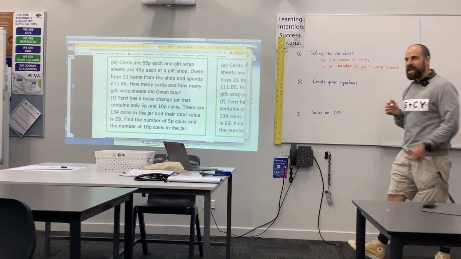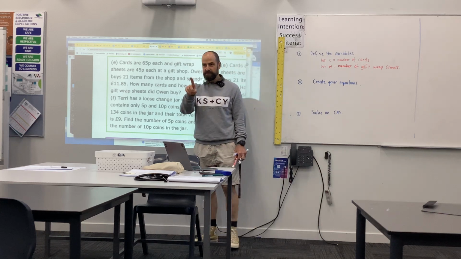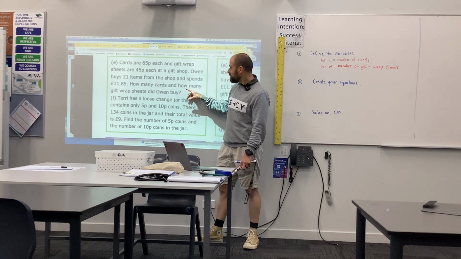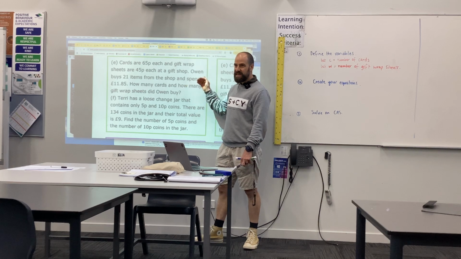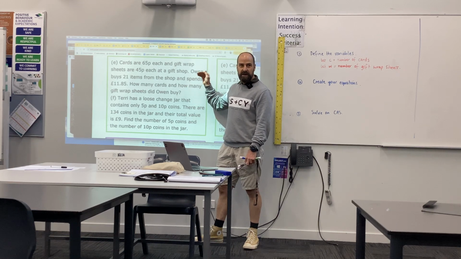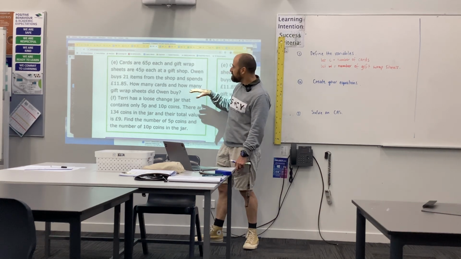How can we create our two equations from this information? What Angus is doing right now by rereading it is probably the suggestion that I was about to make. Reread these questions a couple of times and try and highlight the important information.